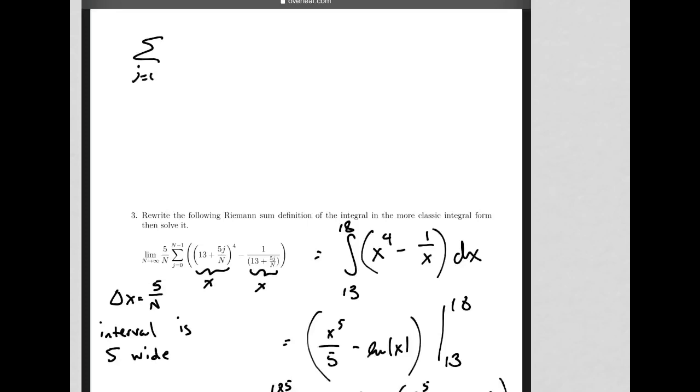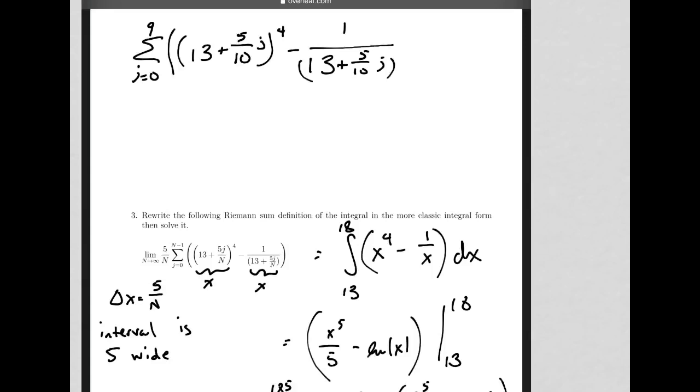So the sum from j equals 0 to 9 of 13 plus 5 over 10j to the 4th minus 1 over 13 plus 5 over 10j. Okay, so if we're looking at this, this is the same thing as the inside here, except for your n is replaced with 10. So your width, oh, sorry, this should be 5 over 10. I forgot this part. 5 over 10.